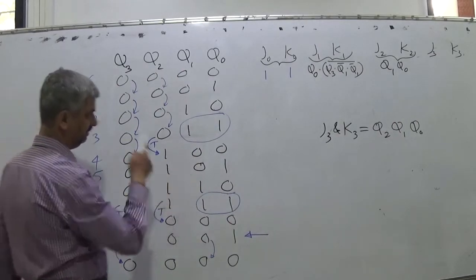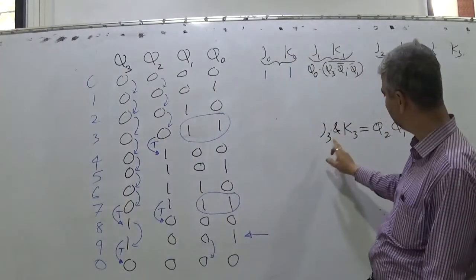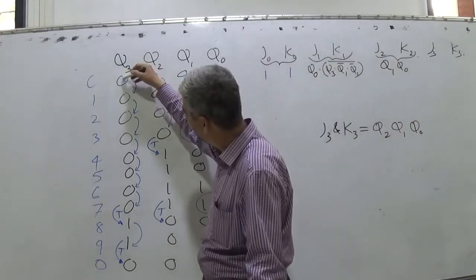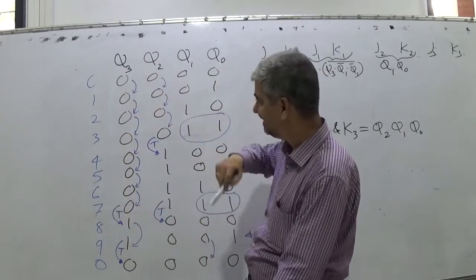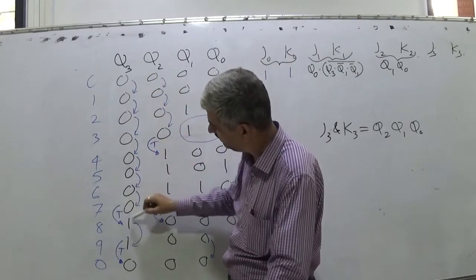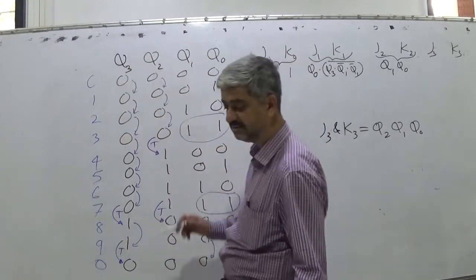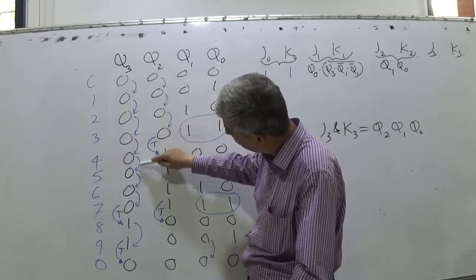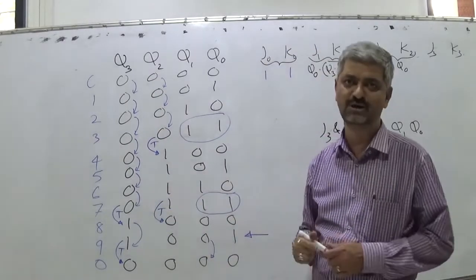Now here there are total 10 states, so there are 10 transitions: 1, 2, 3, 4, 5, 6, 7, 8, 9, 10. Out of these 10 transitions, at 8 places there is no toggling. So toggling is there only for two cases.